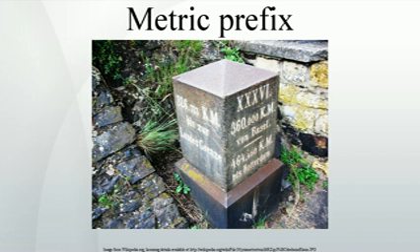JEDEC has redefined the prefixes kilo, mega and giga as powers of 1024 instead of 1000, but not tera or any larger decimal prefix. With an aim of avoiding confusion, the International Electrotechnical Commission has defined a different set of binary names and symbols for the same power of 1024 units.